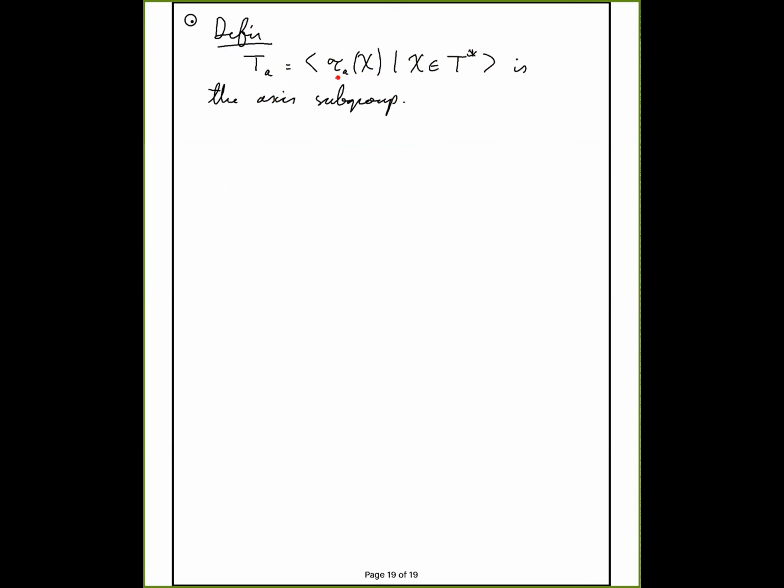So these are all of the elements which have the same A, but what I'm varying over is the chi.